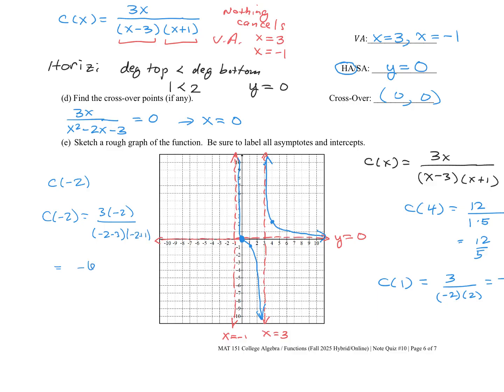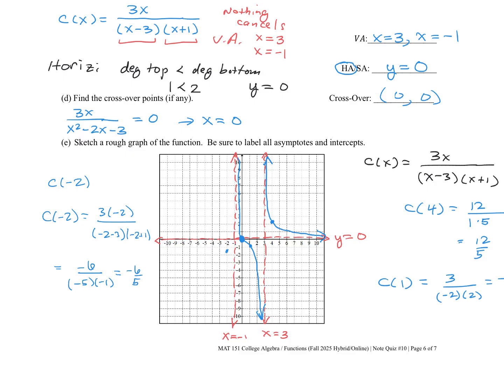So that's a -6 with a -5 and a -1. That makes -6/5, which is a little past -1. So that's going to be down here, right around that point.